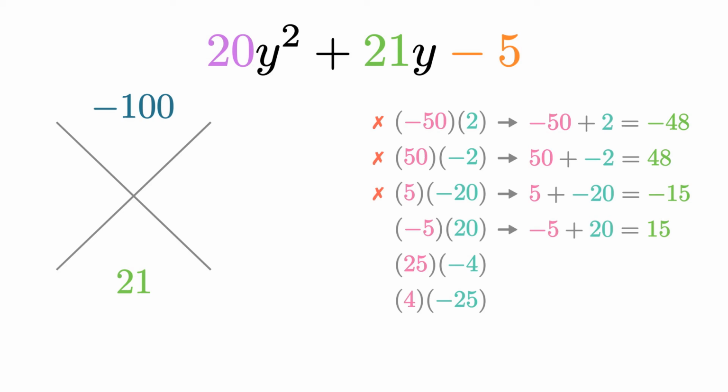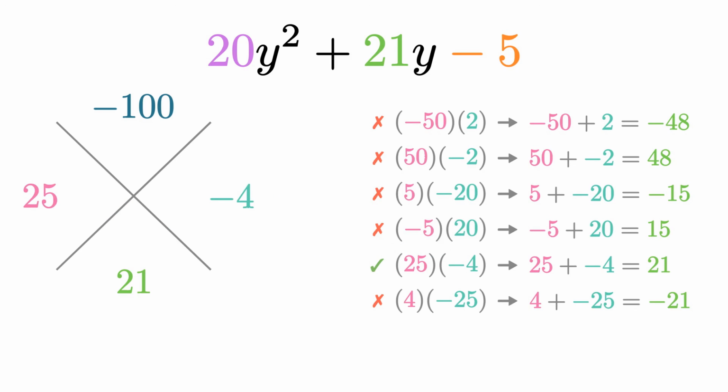If we do negative 5 plus 20, that'll give us positive 15, but we can eliminate that as well. If we do 25 plus a negative 4, that'll give us a positive 21, which works, so we'll check that off. And if we do 4 plus a negative 25, that'll give us negative 21, so we'll eliminate that. So the pair that works is going to be 25 and negative 4, so we'll place that in the sides of the x.